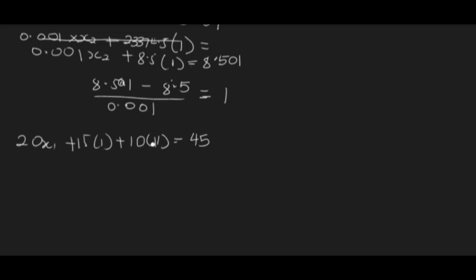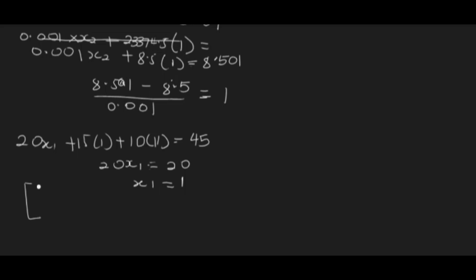So here we get 15 plus 10, 25. When I subtract, I'm going to get 20x1 to be equal to 45 minus 25, that is 20. And you realize that my x1 is simply equal to 1.